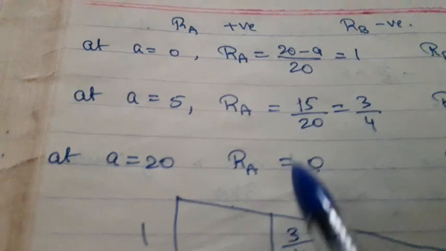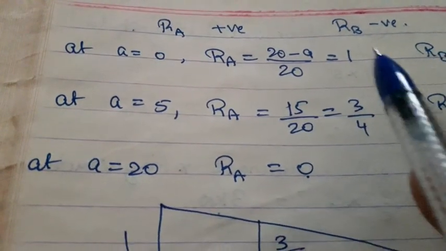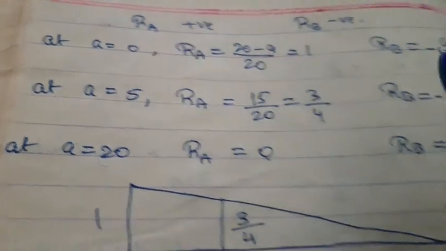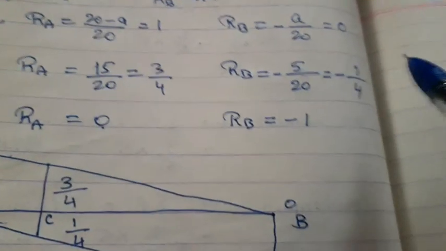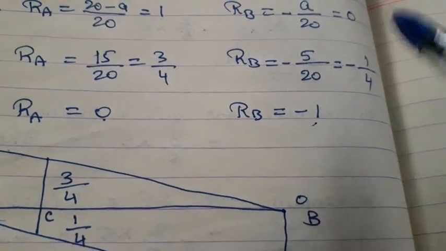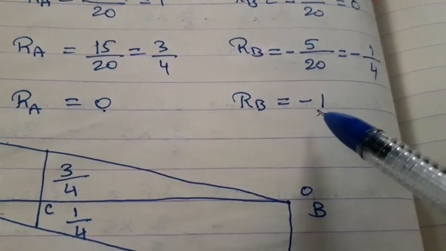In the same way, we have to calculate for absolute. Absolute means the ordinate is maximum value. So here you can see the ordinate is ranging from 0 to 1. So the maximum ordinate is 1, which is positive. And here also you can see you have 0 to 1, minus, but 0 to 1. So the maximum is minus 1. That we have to consider, and we have to write here.